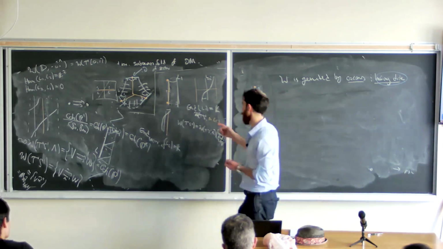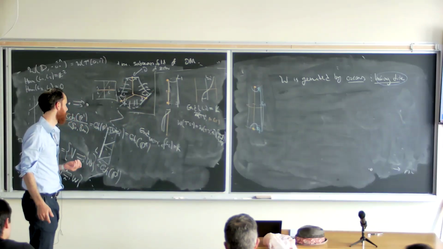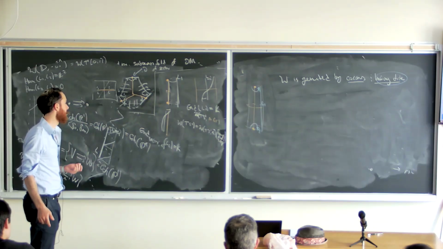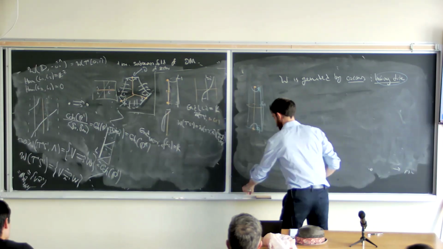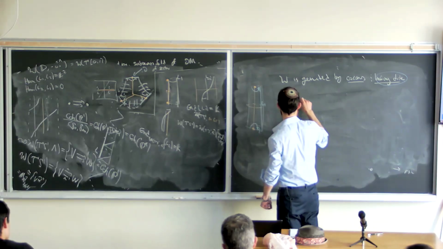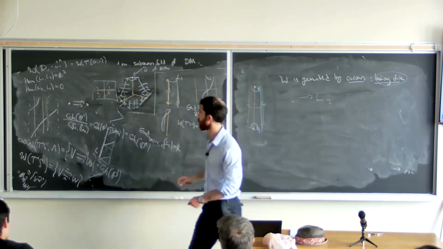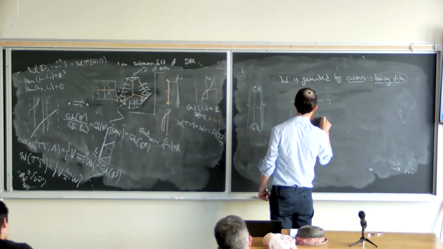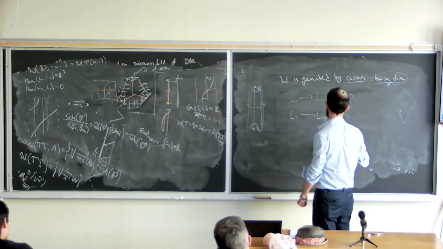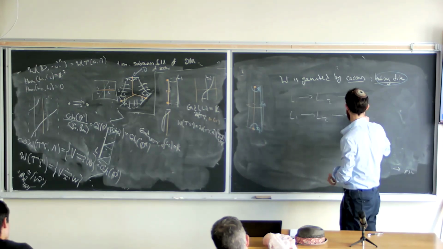I chose a slightly different generating set over here. I generated by L1 and by L2, and L2 is related to L1 by these two different maps from L1 to L2, and they sat in an exact triangle with these linking disks D1 and D2.